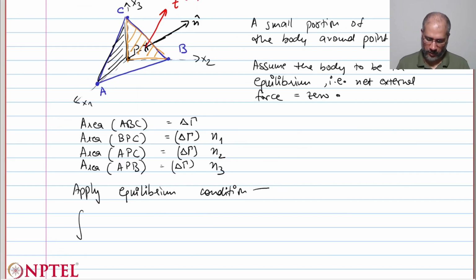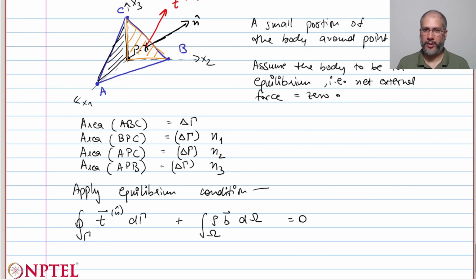So for the surface force, we will write the closed integral over the complete surface area gamma of the traction vector T of n hat times d gamma, plus the integral over the volume omega of the body force times the density times d omega, that is equal to 0 for this tetrahedron.